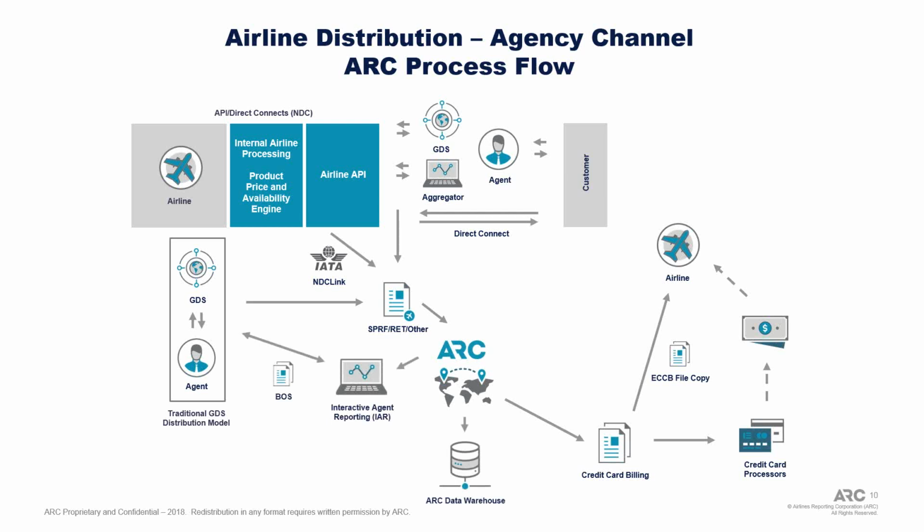As I mentioned, NDC and non-NDC transactions will be reported through the agency's sales tool, IAR, and the agency will be able to download their back office file that they do today and receive both NDC and non-NDC transactions. And of course, we'll still do this for both.